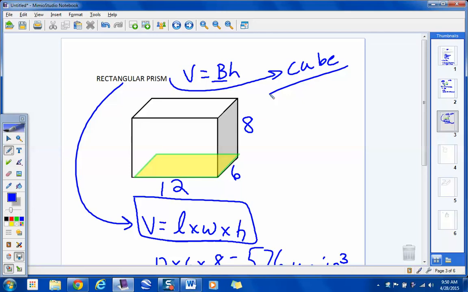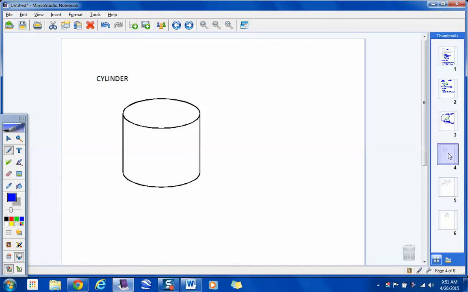Isn't it a cylinder? Anybody need more time with that? Okay, let's take a look at my cylinder. Let me do this quickly. Let's draw my cylinder as best I can. Ooh, it's a pretty cylinder.